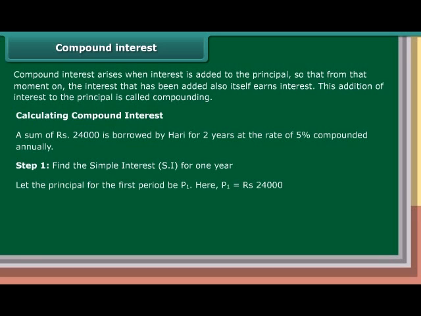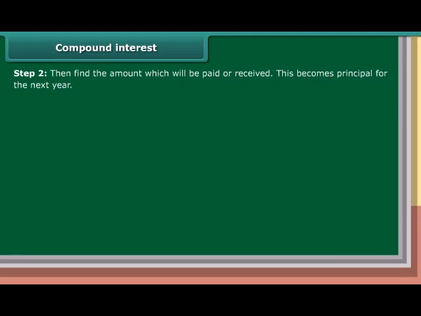Let the principal for the first period be P1. P1 is equal to rupees 24,000. SI1 is equal to SI at 5% for the first year is equal to rupees 24,000 into 5 upon 100 is equal to 1200. Step 2.